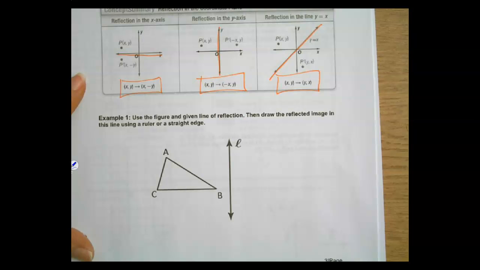So use the figure and the given line of reflection, then draw the reflected image, using a ruler or straight edge. Well, what we're going to do, I guess I could use my ruler or my straight edge to be exact, but we cannot use a ruler and just write it.